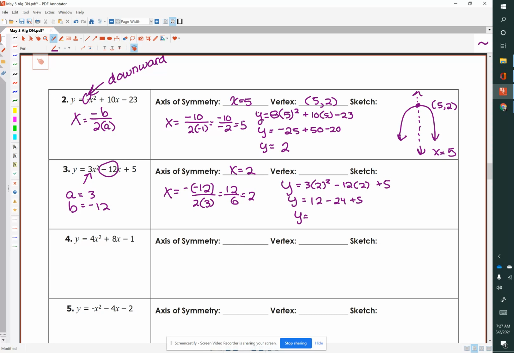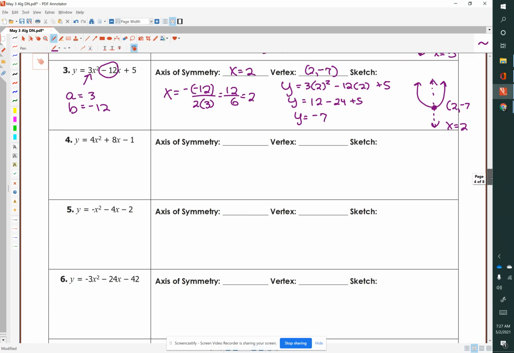So y equals negative 7. So our vertex is 2, negative 7. So this is an upward facing parabola with a vertex at 2, negative 7, and the axis of symmetry, x equals 2.